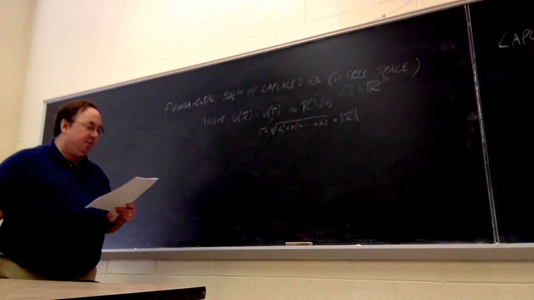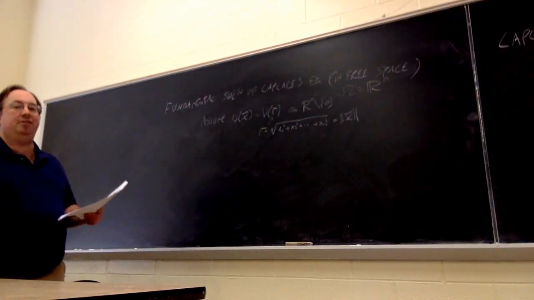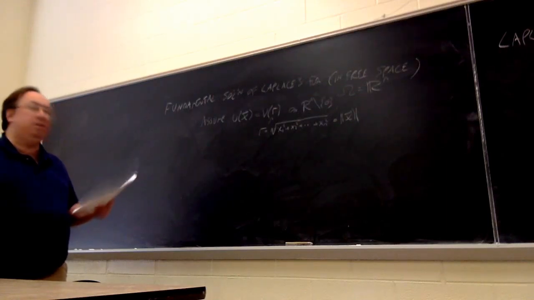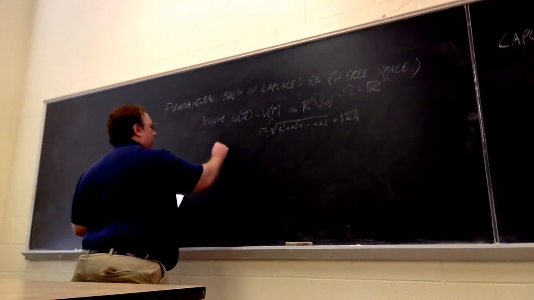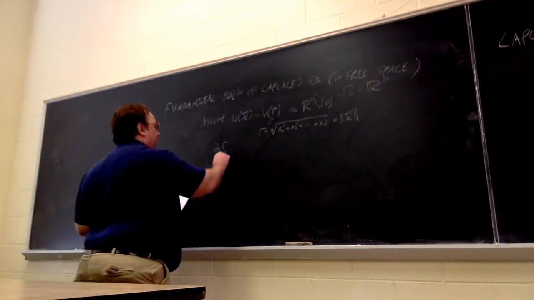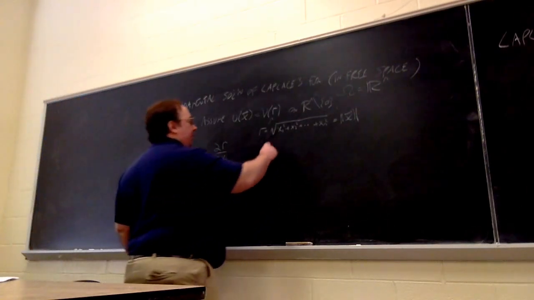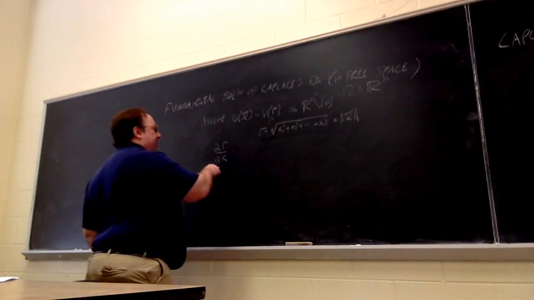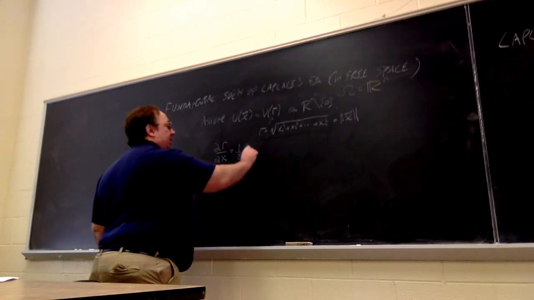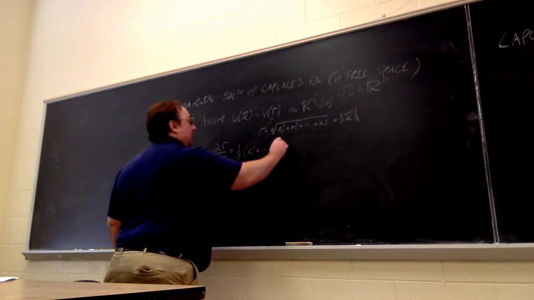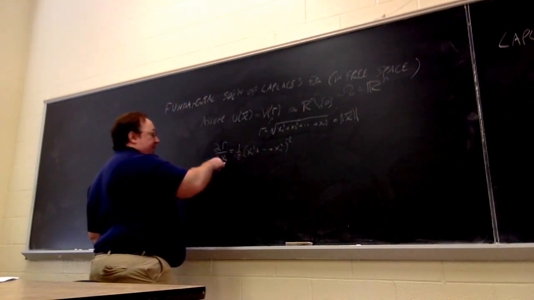Okay. So, I want to transform Laplace's equation into an equation involving only derivatives with respect to r. So I need to be able to express derivatives of r with respect to the x's. With this definition of r, the partial derivative with respect to xi is going to be 1/2, and then this to the minus 1/2 times the derivative of what's inside with respect to xi.